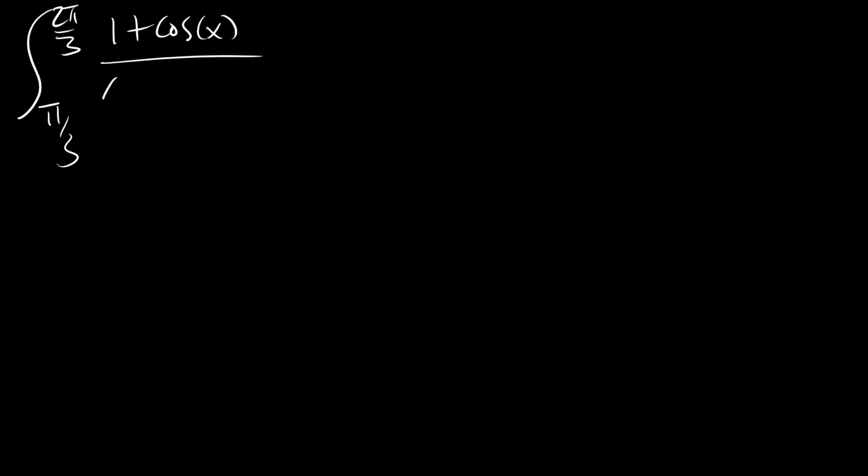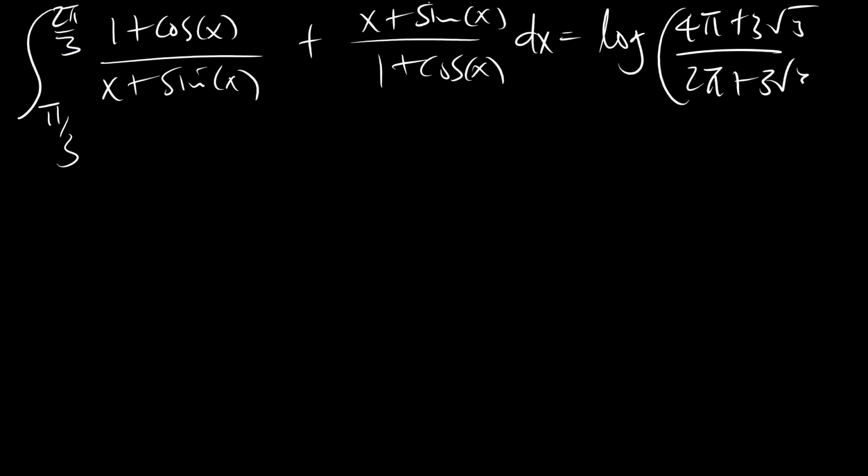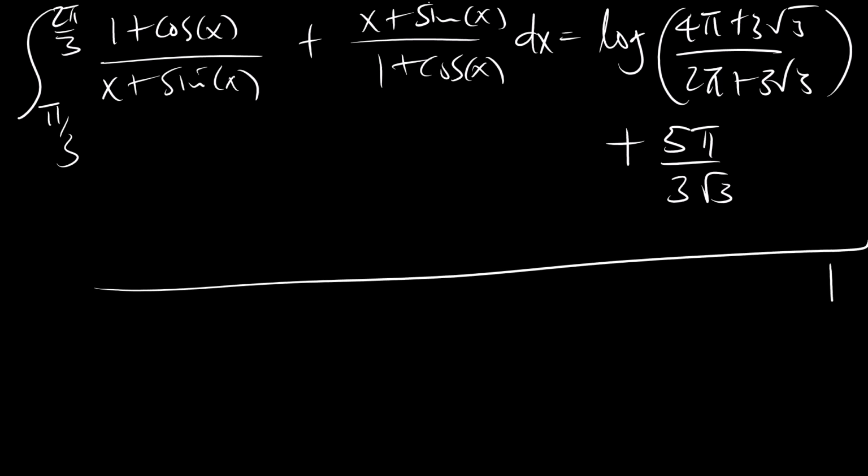And so our problem, the integral from pi over 3 to 2 pi over 3 of (1 plus cosine of x) over (x plus sine of x) plus the inverse of that, which is (x plus sine of x) over (1 plus cosine of x), is equal to natural logarithm of (4 pi plus 3 root 3) plus 5 pi over 3 root 3 is the answer, ladies and gentlemen.